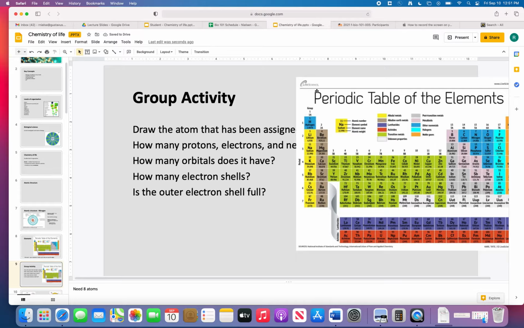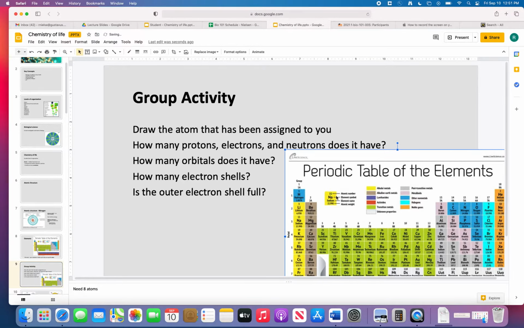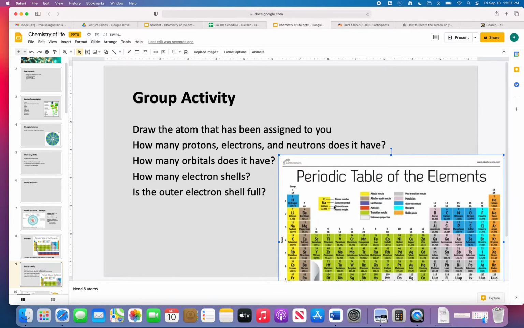That doesn't work the best, but let me know if you need it moved at all. Oh, there we go. You only need the top row, so the top couple rows.